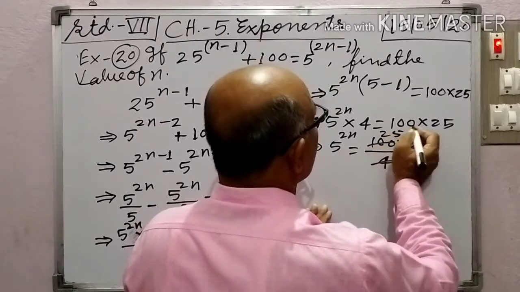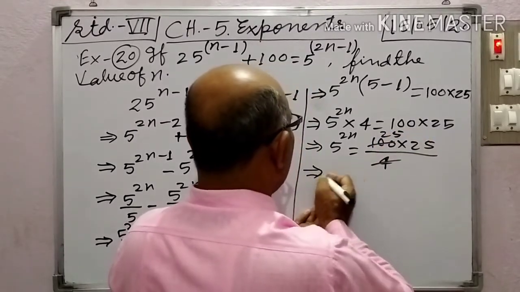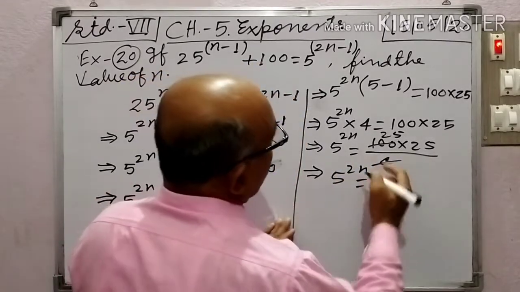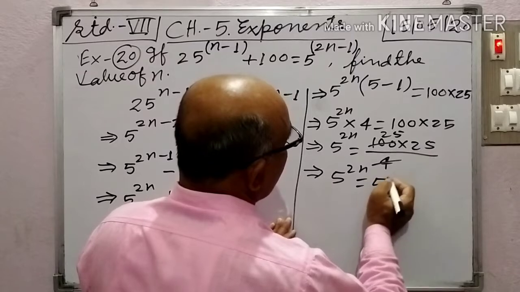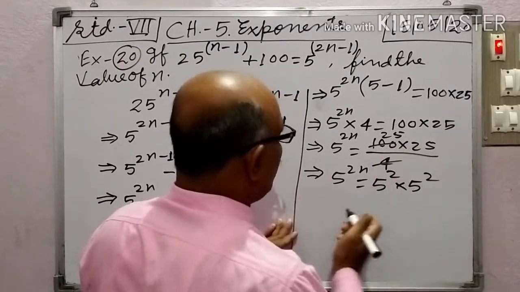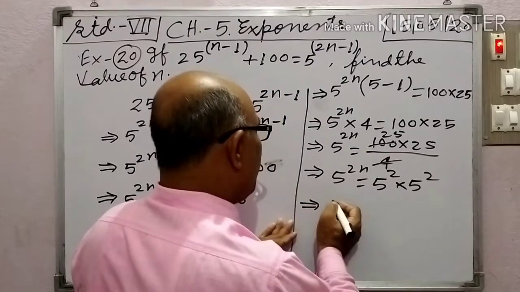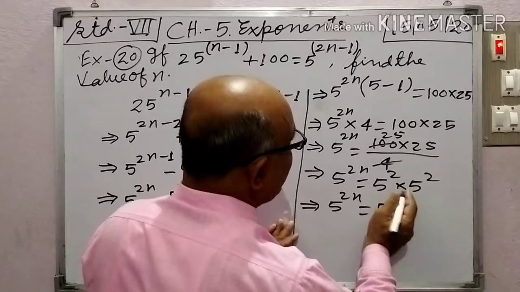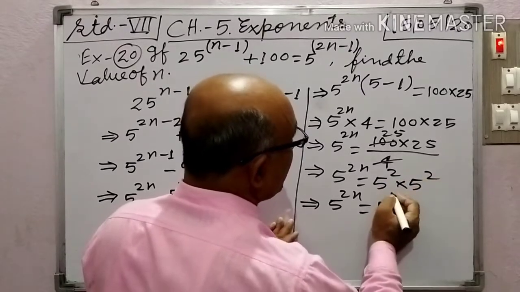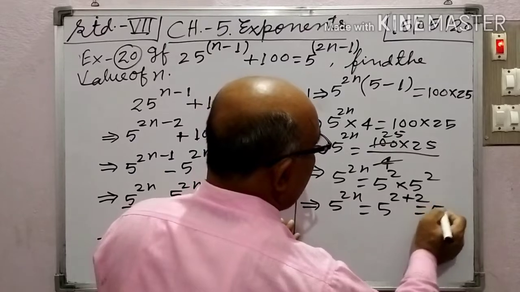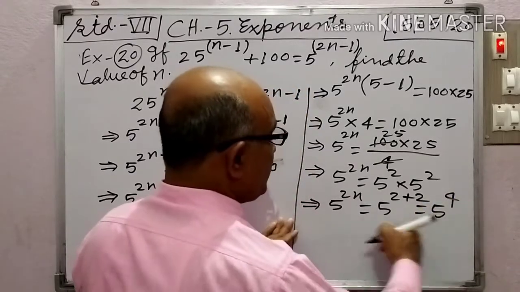25 fours are 100. That means 5 to the power 2n equals 25 into 25, that is 5 to the power 2 into 5 to the power 2. That implies 5 to the power 2n equals 5 to the power 2 plus 2, that means 5 to the power 4.